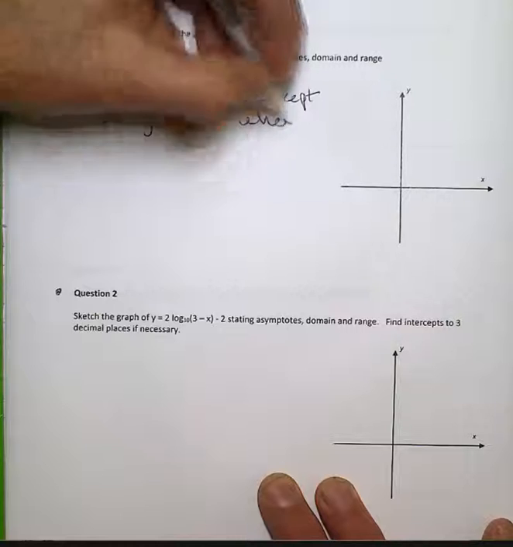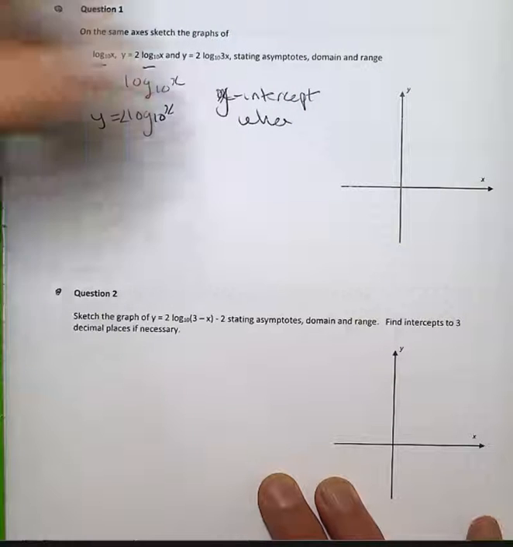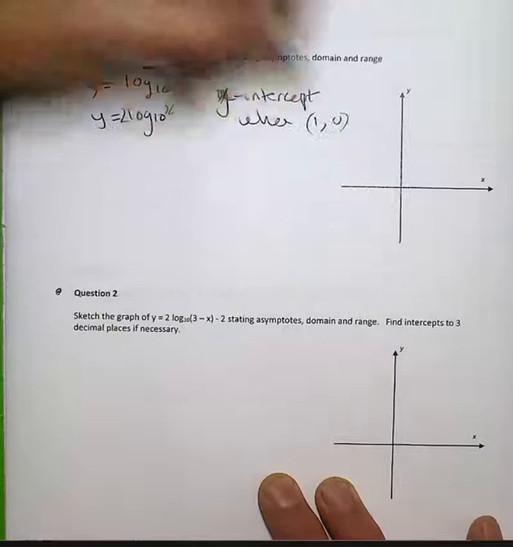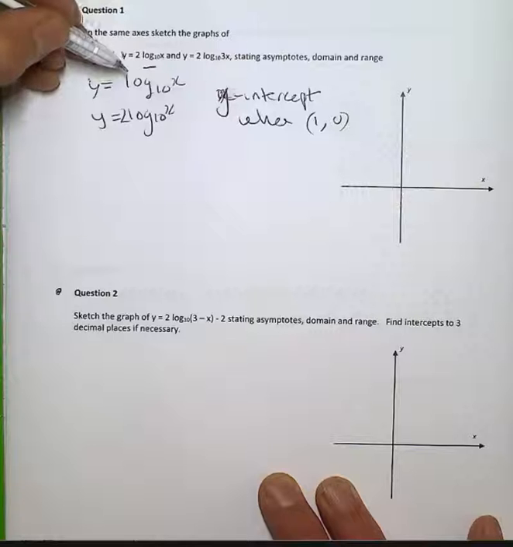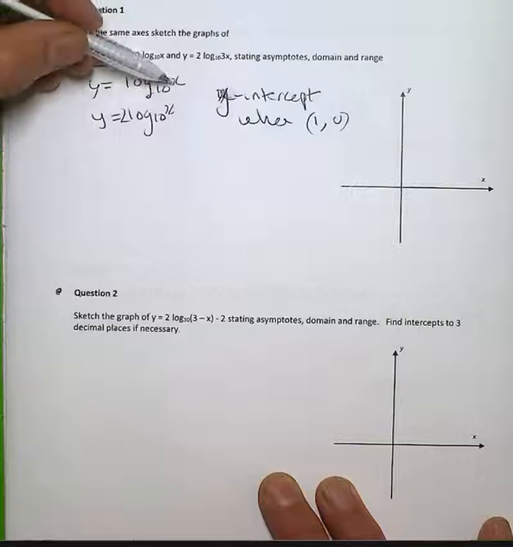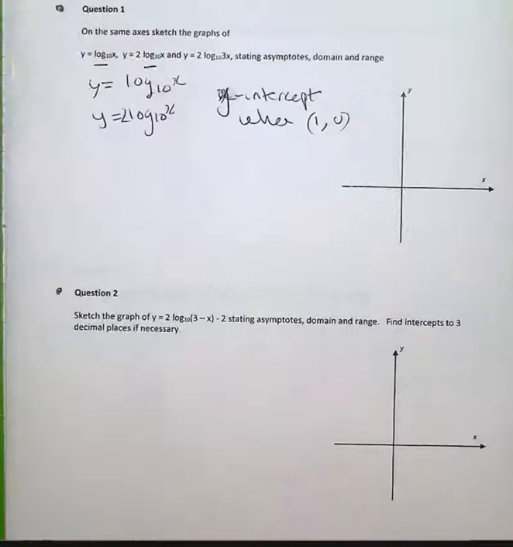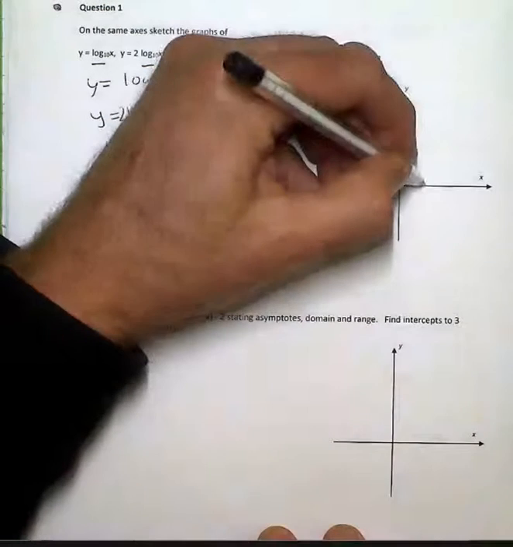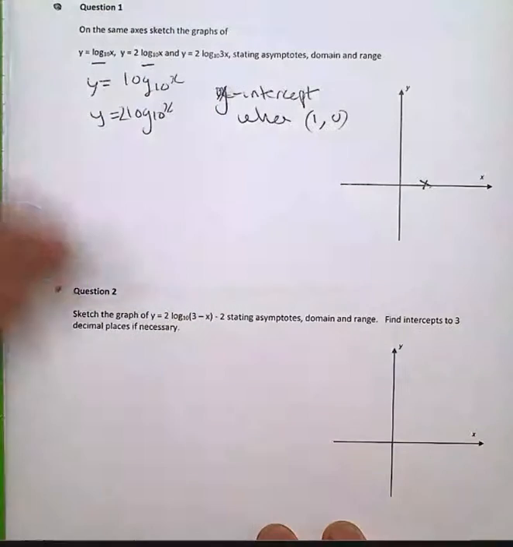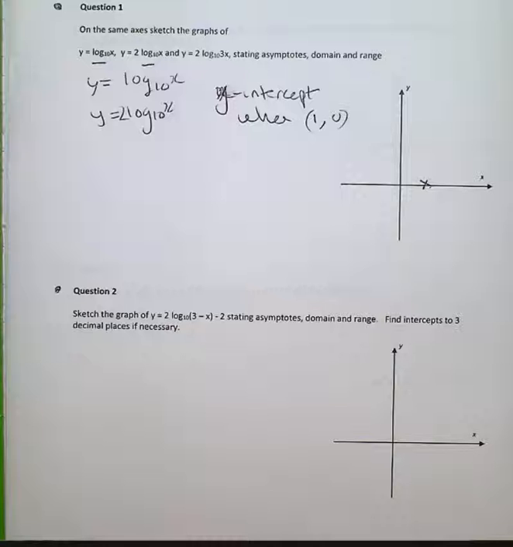That happens at (1, 0). So in this instance, plugging in y is equal to 0, that will occur when x is equal to 1. So in the first and second instance, I'll have the x-intercept, y is equal to 0 at (1, 0).